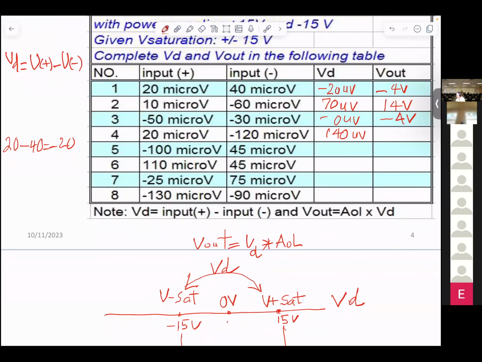So 28 volts. Okay. Is it 140, right? Mm-hmm. Times 200,000. Right.